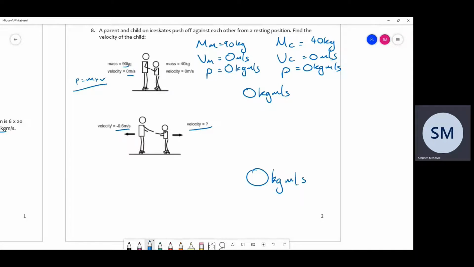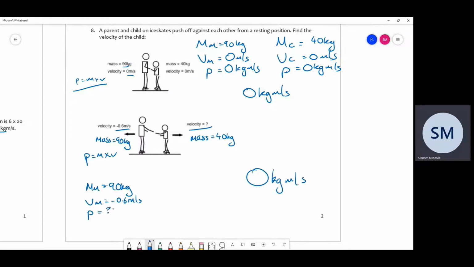It looks like we only have one piece of data there, so how are we going to find our answer? Well, the mass hasn't changed. The mass will still equal 90 kilograms for the mother, and 40 kilograms for the child, which means we can find the momentum by multiplying the mass by the velocity. So mass 90 kilograms, velocity of the mother minus 0.6 meters per second.